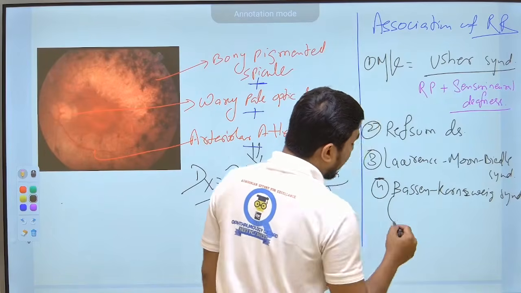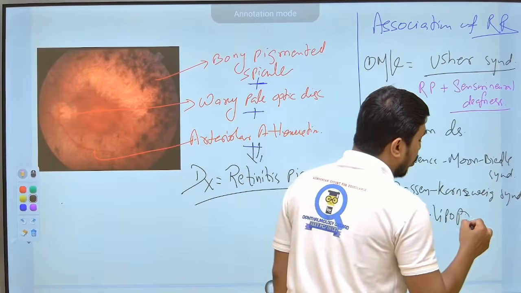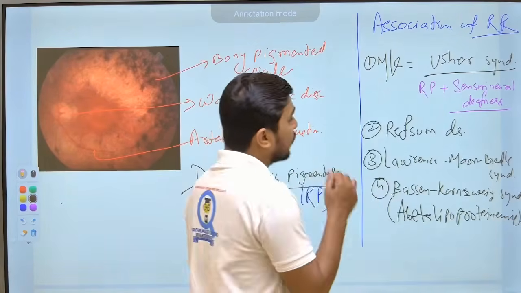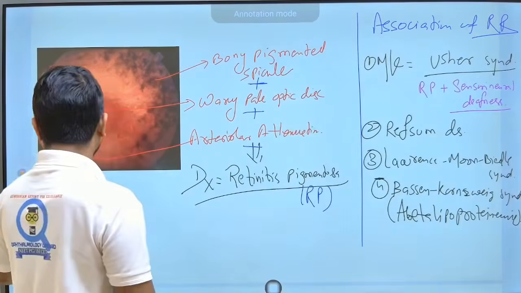It is also known as abetalipoproteinemia. So these are the few associations that you should remember about retinitis pigmentosa. Understood?